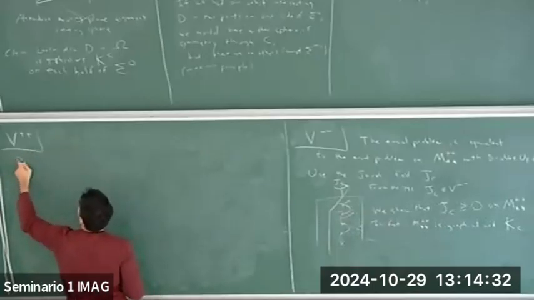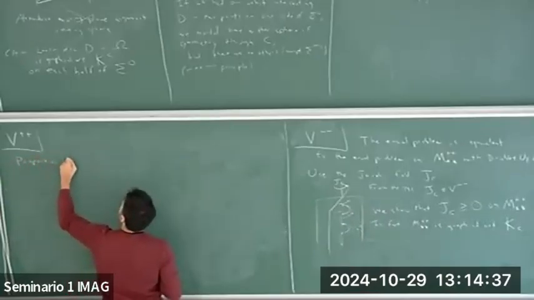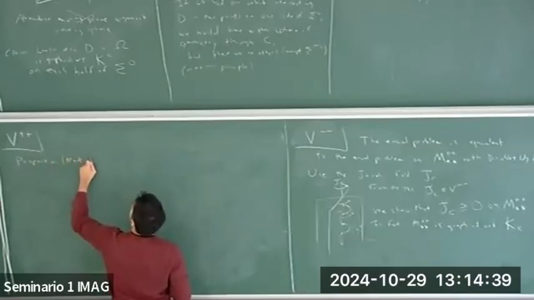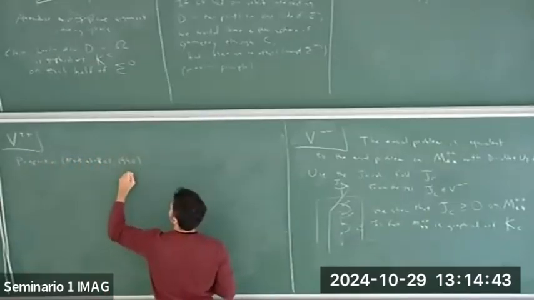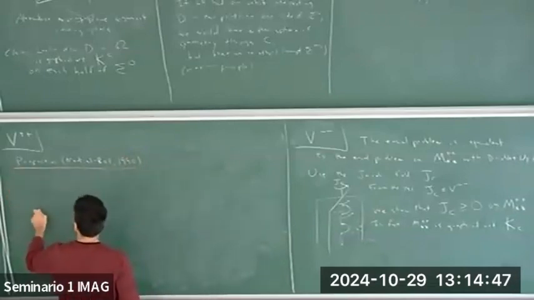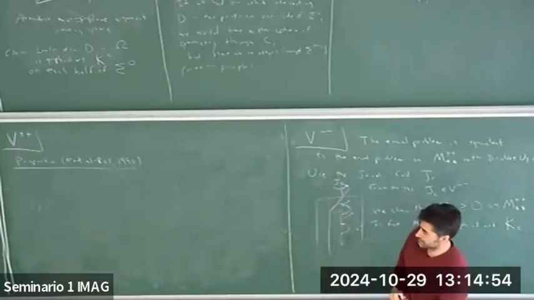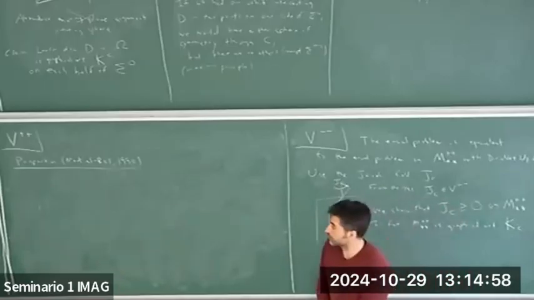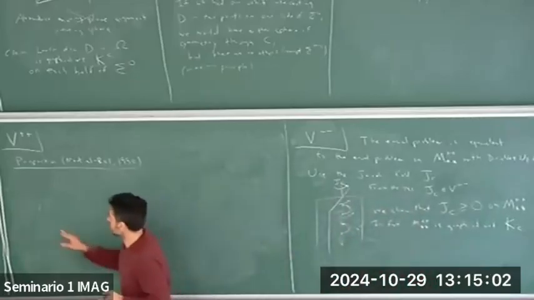Proposition. Okay, so these arguments were first used in studying the index of complete minimal surfaces of finite total curvature in R3, but the arguments are very general.